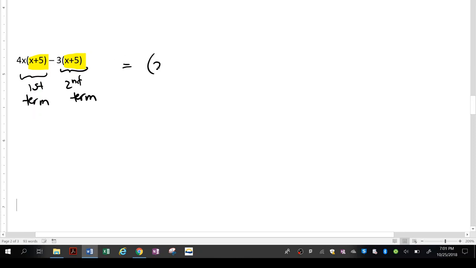So if we factor the x plus 5 out, now we want to look at what we have to multiply this by in order to get this original polynomial again. So if we divide this first term by x plus 5, that leaves 4x. And if we divide the second term by x plus 5, we're left with minus 3.